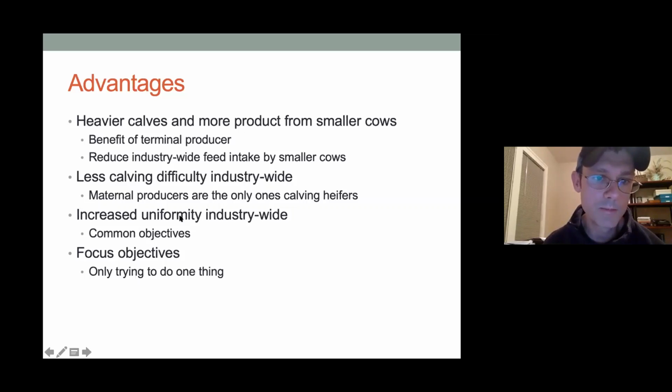Increased uniformity, because there's commonality in breeding objectives. You have a lot more producers that aren't trying to do everything. They're just terminal. And so I think there's benefits to that. So part of this is tying back to a breeding objective, choosing what you really want to do and what you want to do well.